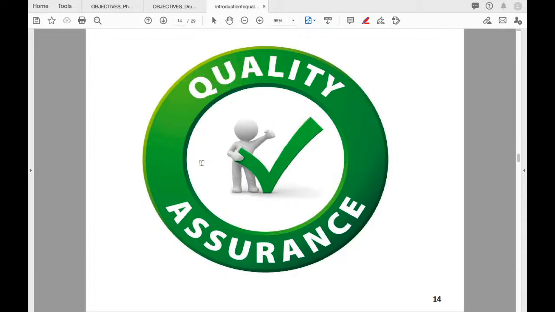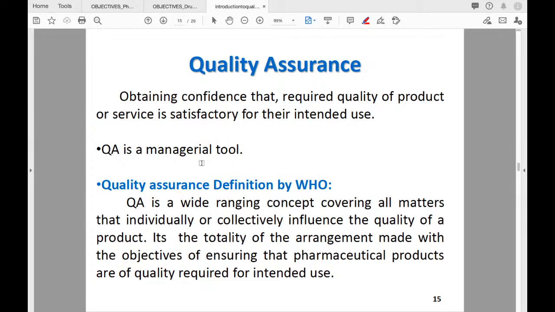First thing first, quality assurance. We are now taking things to a deeper level, one by one. Quality assurance is obtaining confidence that the required quality of a product or service is satisfactory for the intended use. Quality assurance is actually a managerial tool.